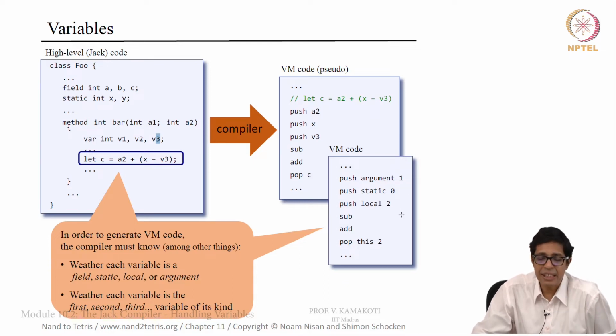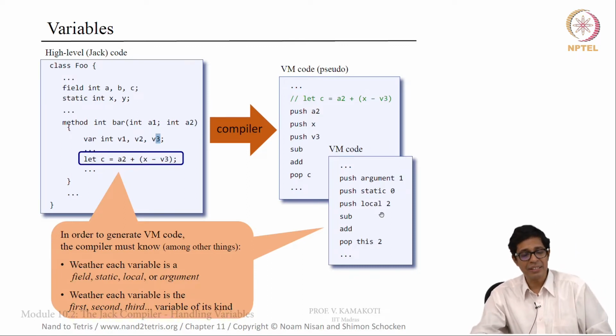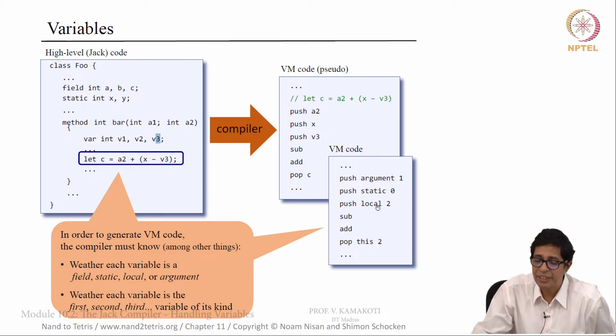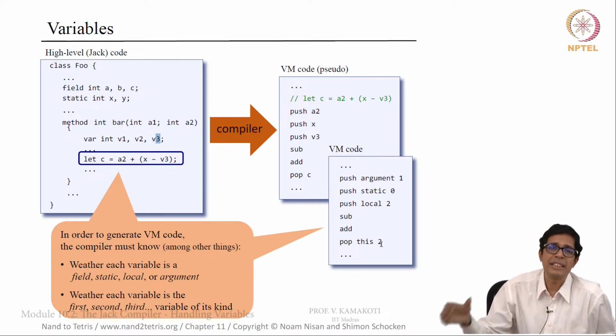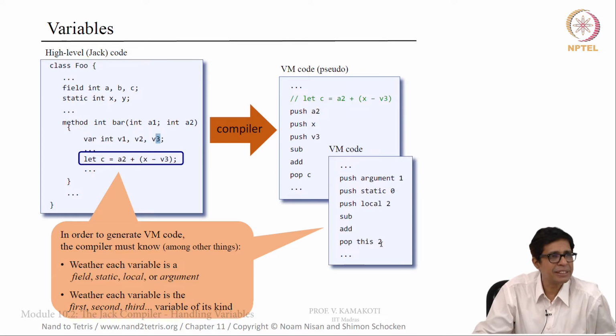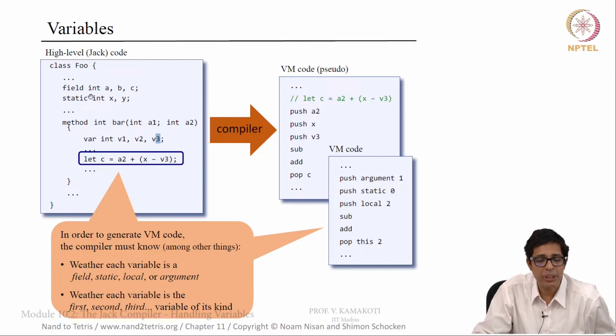And for doing that, this mapping of A2 to argument 1, x to static 0, V3 to local 2, C to this 2, needs to be present, right, and that is very, very important. So the challenge in handling variables is to see how to arrive at this mapping between what is given as code here and what is finally decided from that.